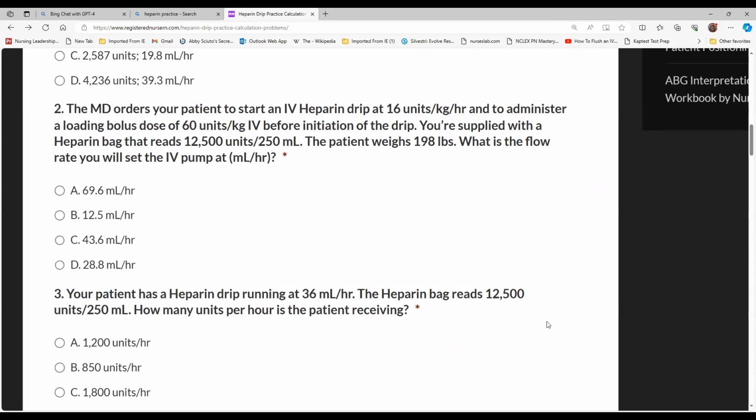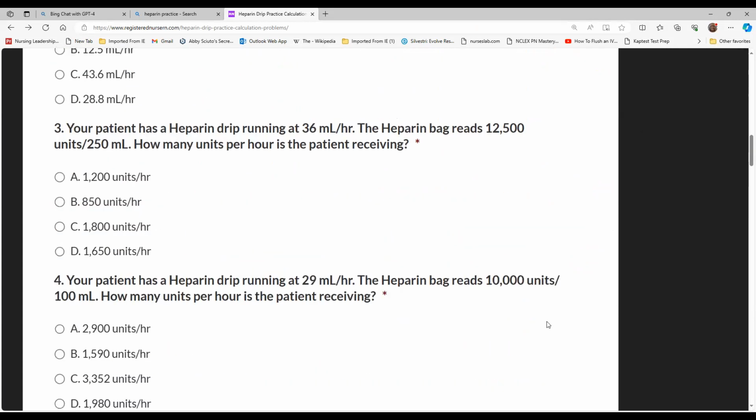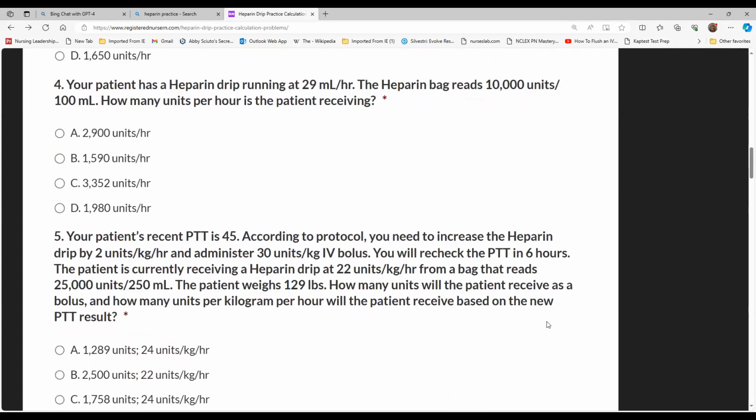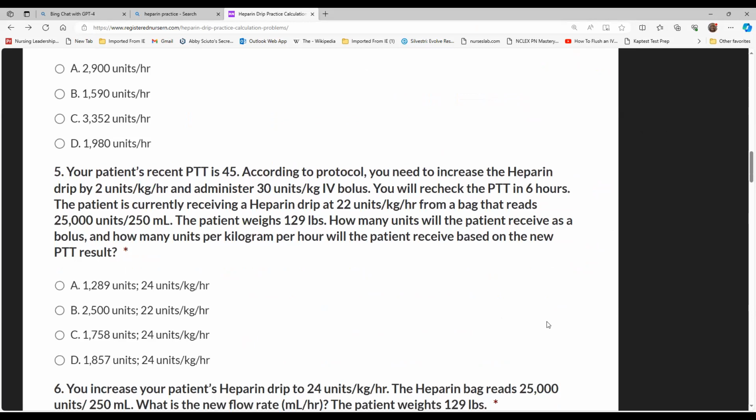Number two, 28.8 is up there, right? You see, these questions, you won't have to do any of these, but these actually give you the PTT, and they want you to calculate what you're going to give according to that because we use charts and stuff like that in critical care when we're doing all that.